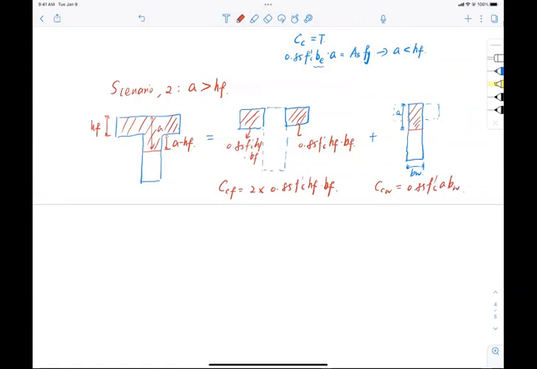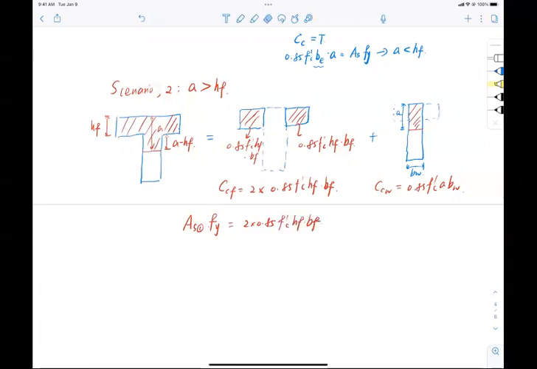All right, so from the get-go, I can now say As1, the tension force from the flange, should equal Ccf. So that is 2 times 0.85 f prime c hf bf.